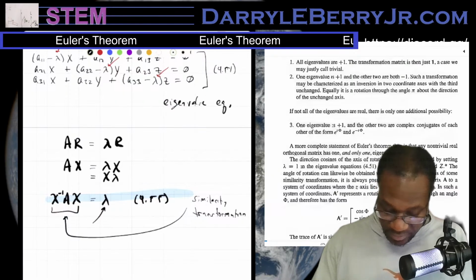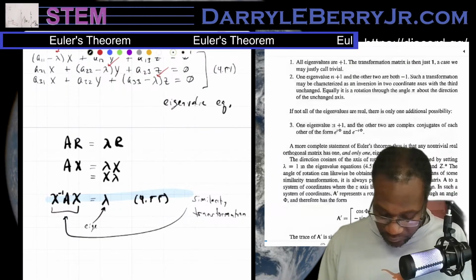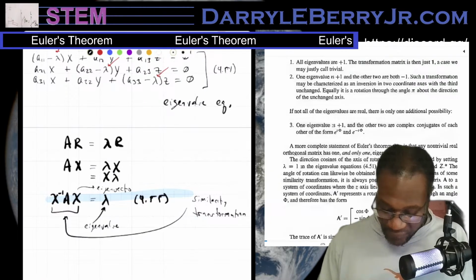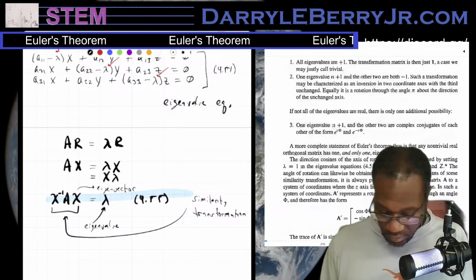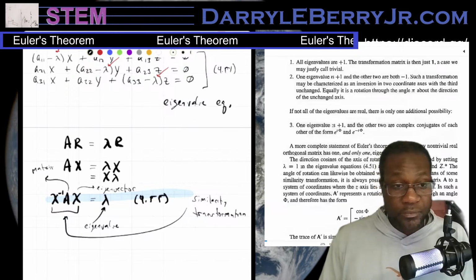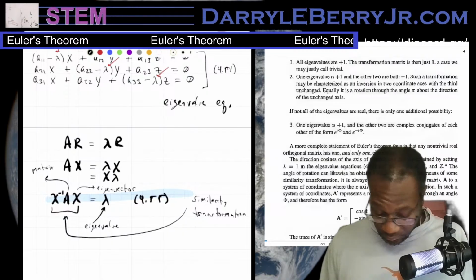So this is the eigenvalue, or the proper value. This is the eigenvector, or the proper vector. And this is the matrix A, like we were talking about earlier with Ben.